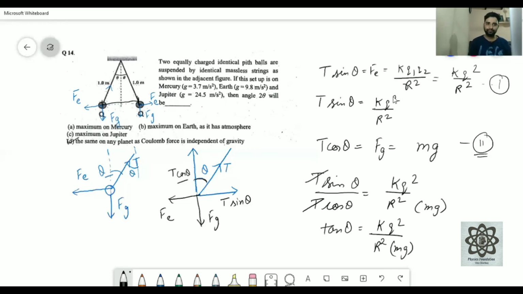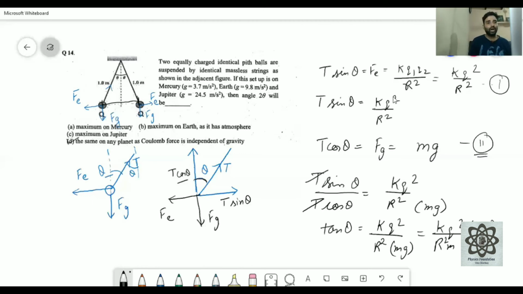Now let's see. K Q square upon R square m, and I've taken g as different. Why? Let me tell you. It is said that we are taking this setup to different planets, to Mercury, to Earth, to Jupiter, where g is different.